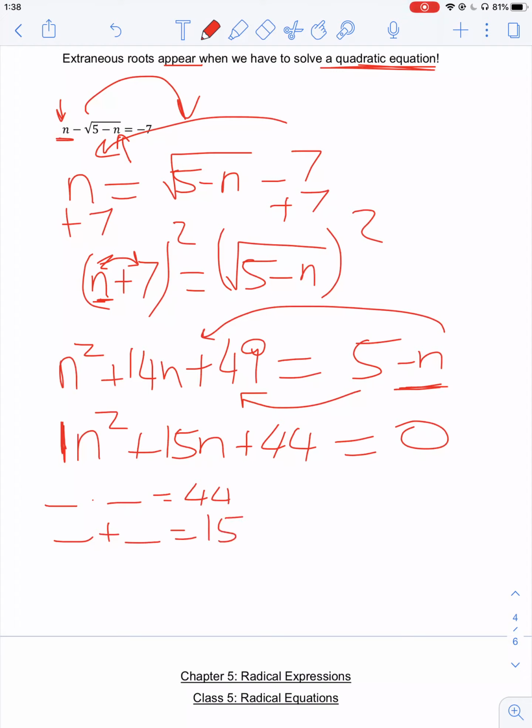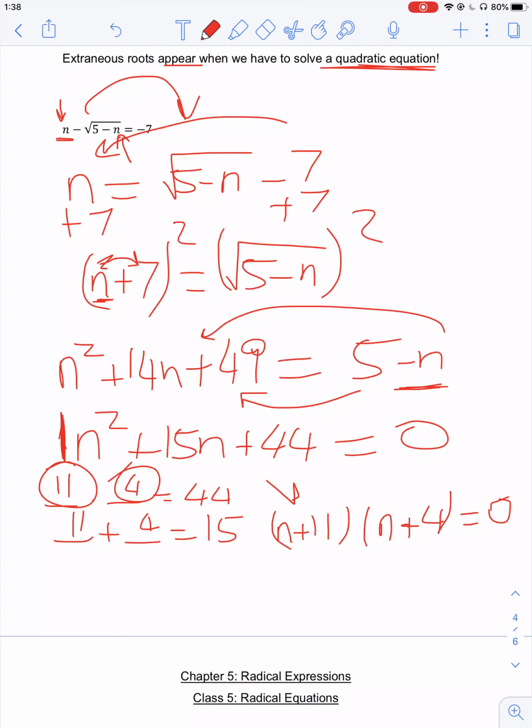So 11 times 4 is 44, and 11 plus 4 is 15. Because your coefficient is 1, the shortcut tells you to put the variable n, and then the first number, so n plus 11, close the brackets, and then n plus 4 is equal to 0.